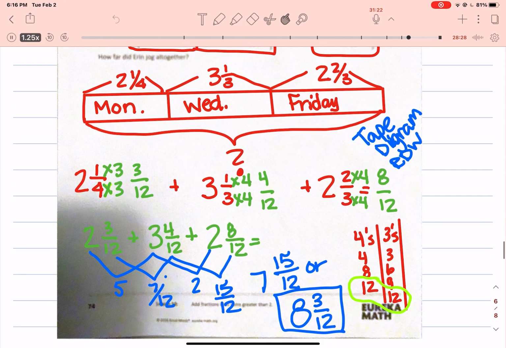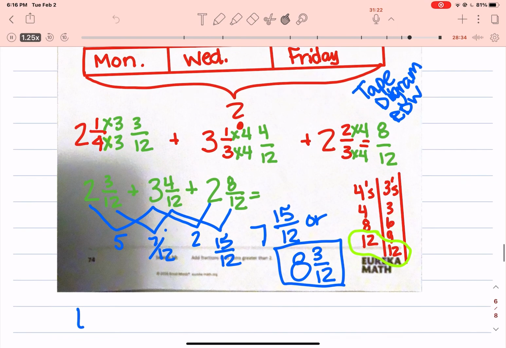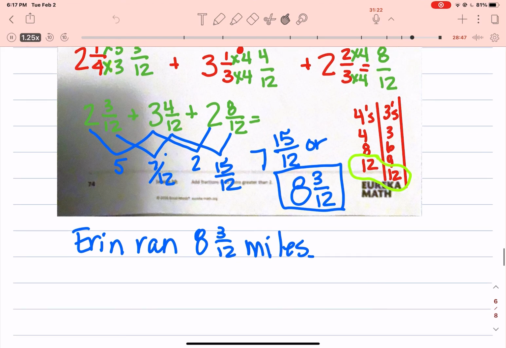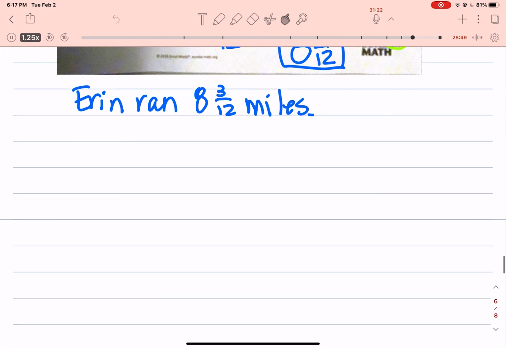So we probably should make a statement here. Erin ran 8 3/12. Is it miles? Yeah. Period. That should be good.